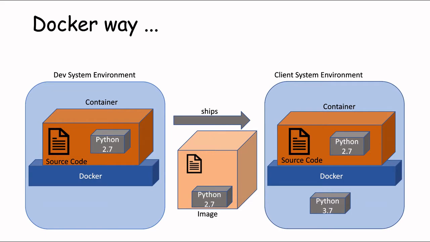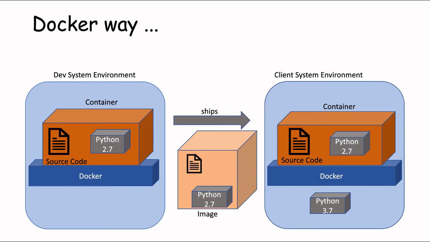As you can see in the presentation, both the client and dev systems have Docker installed and running. Now, the developer will create a project for the client in a container. We will get back to this later, but for now consider a container as a virtual machine where all the code base and dependencies are installed.